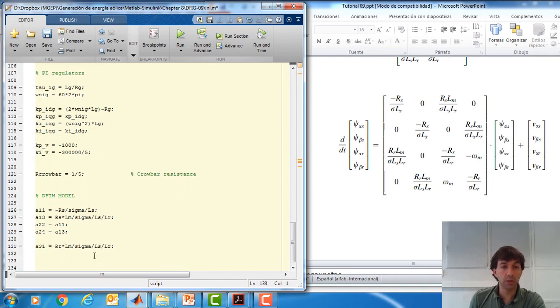And then A32, A33, which is this element very similar again to this one. There is big symmetry in this machine. R sigma R.